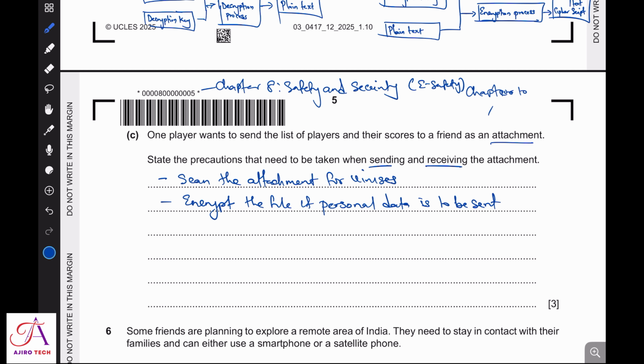This is where a digital certificate is very important. The next one is, you can keep your antivirus software up to date.